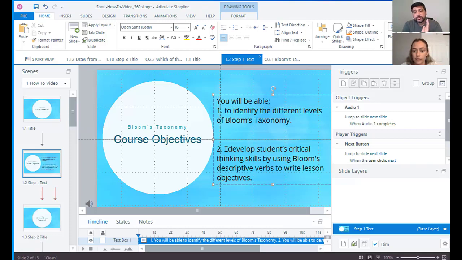Not only that, but you are also evaluating my knowledge on 2 objectives as well. So for example, identify the different levels of Bloom taxonomy. You have to evaluate me on that. And then you will be evaluating me on developing student critical thinking skills by using Bloom taxonomy. So there will be 2 knowledge-based assessments.